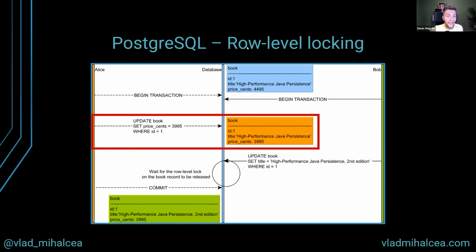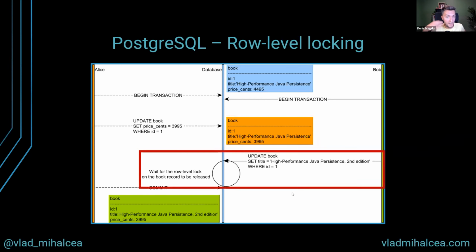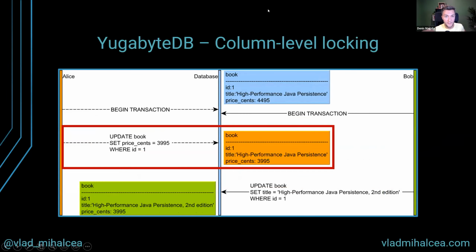And actually, Vlad, the other day I was sitting and thinking about why distributed databases like YugabyteDB decided to implement column level locking and not row level locking, because it would be simpler. There is already the knowledge, the practice and the papers around that. But with distributed databases, take this example.